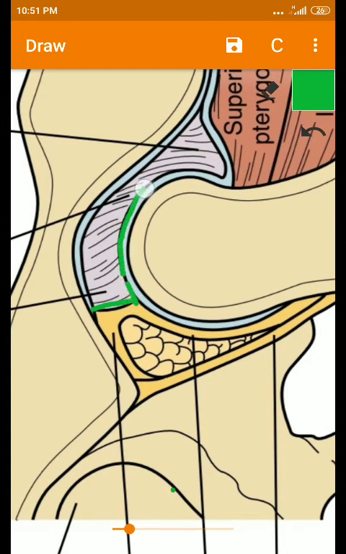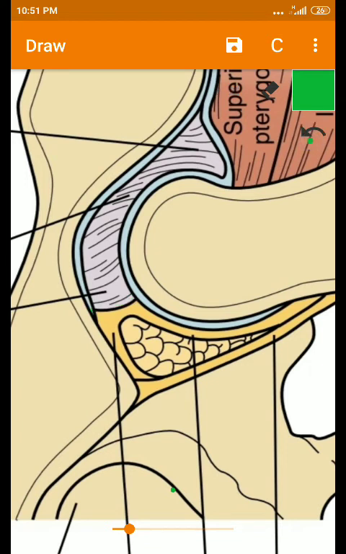Under MRI, this appears as a bow tie appearance. Okay, bow tie appearance.